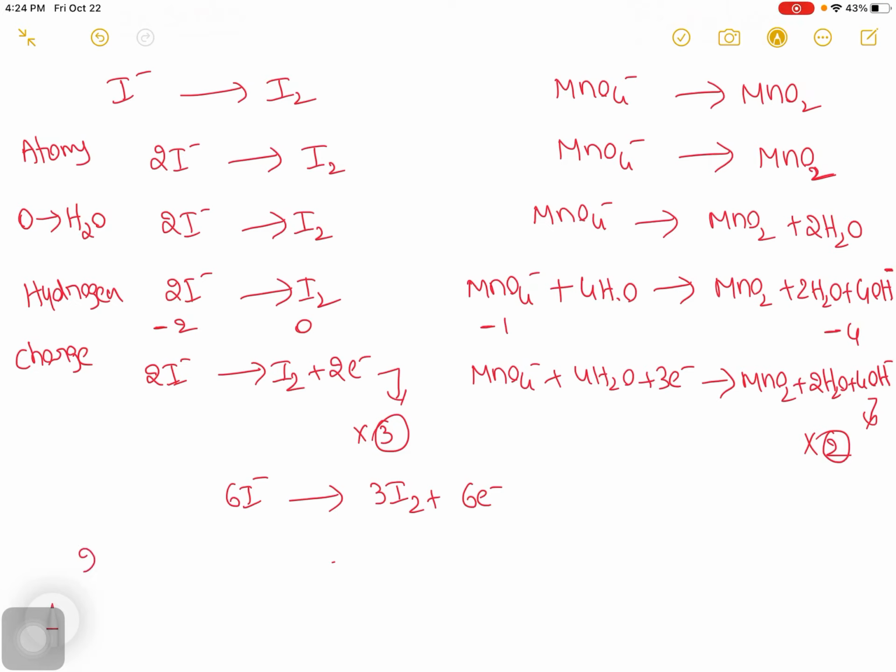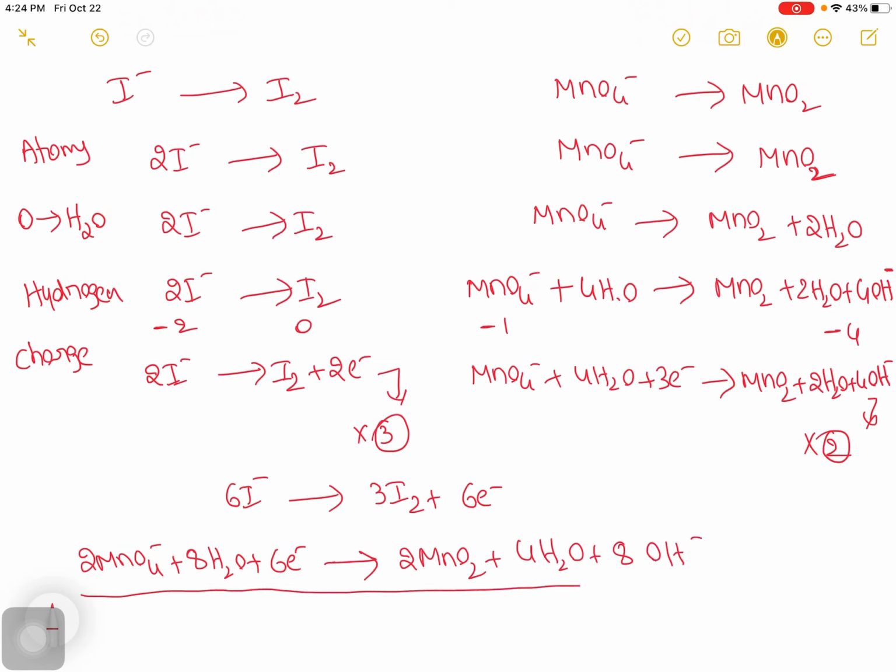And after multiplying with 2, 2MnO4 minus plus 8H2O plus 6 electrons gives rise to 2MnO2 plus 4H2O plus 8OH minus. We need to multiply the entire equation with 2, previously the entire equation with 3.